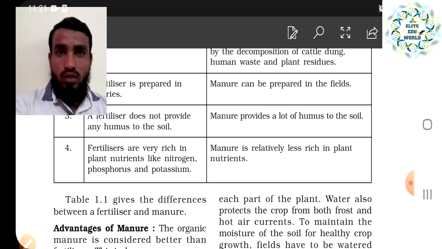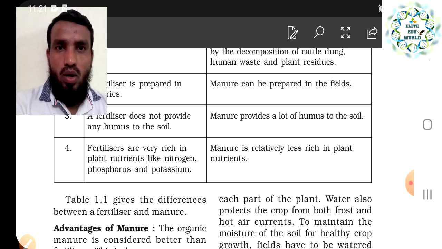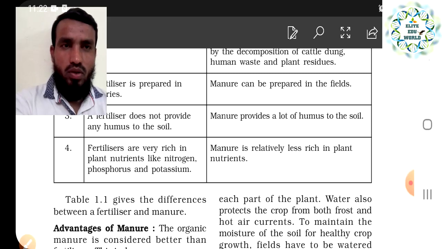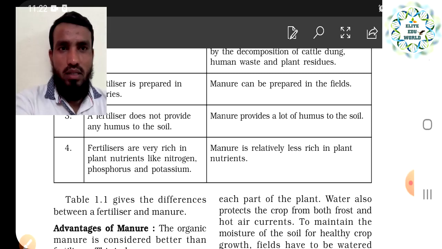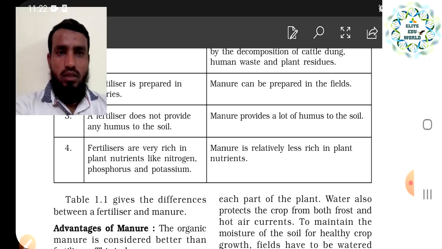Plant nutrients means the nutrients our plants require, that is nitrogen, phosphorus and potassium. So our fertilizers are very rich in these nutrients. And manure is relatively less rich in plant nutrients. If you compare manures and fertilizers, manure is relatively less rich in plant nutrients.